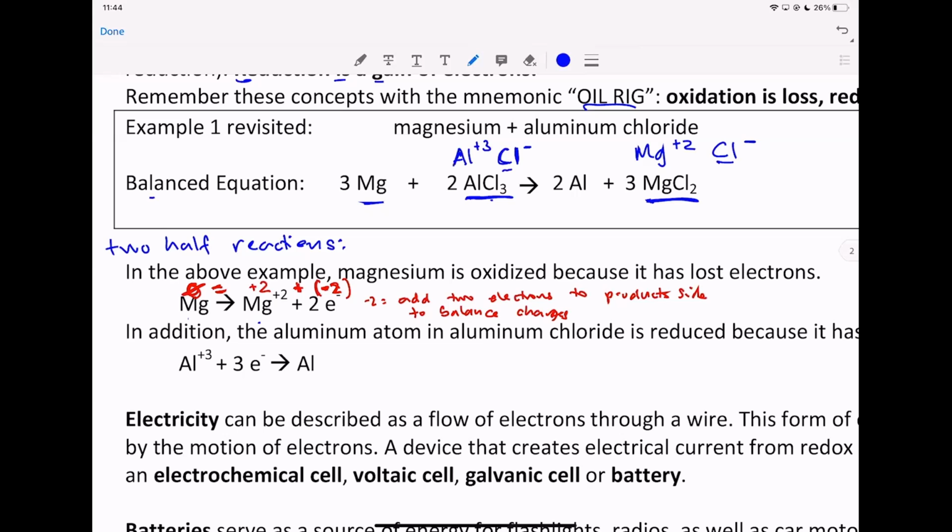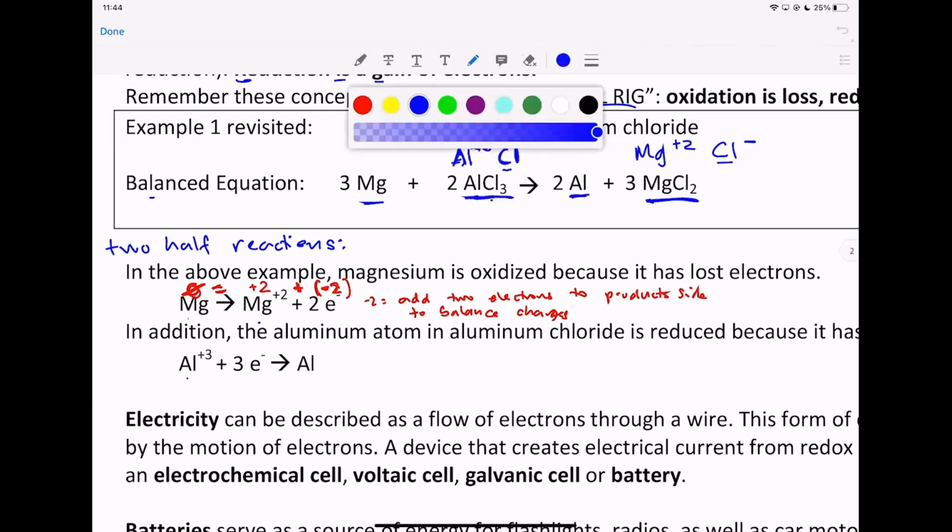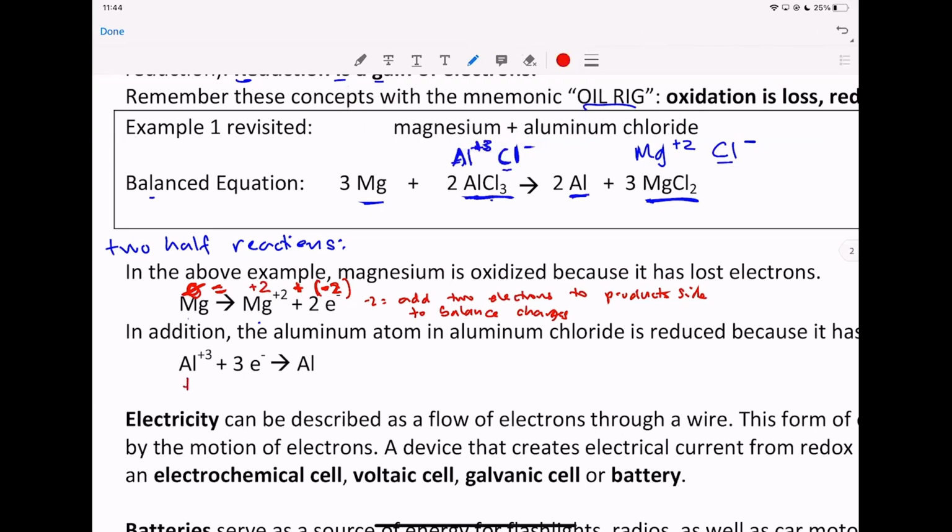It's the Al +3 ion before, and then it's aluminum with no charge after. So in this other half reaction we're following the fate of this aluminum. It's the +3 ion, so let's write that +3. And then afterwards, it's an aluminum with no charge.